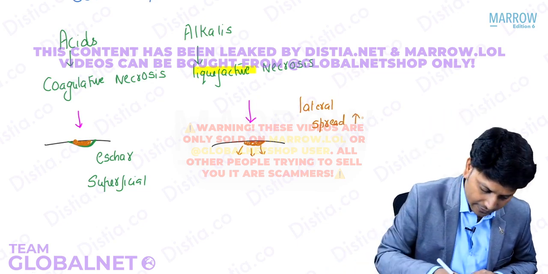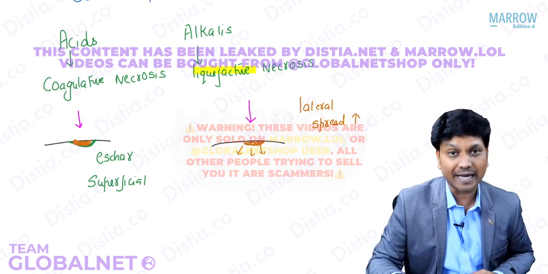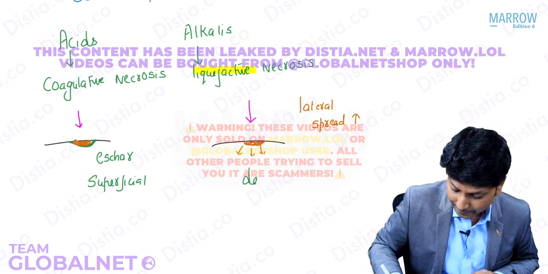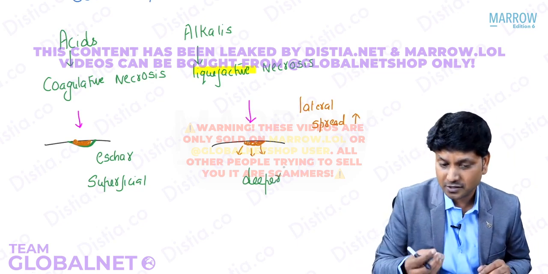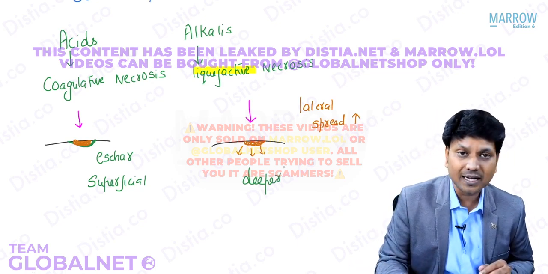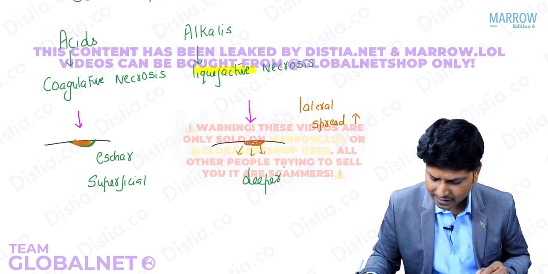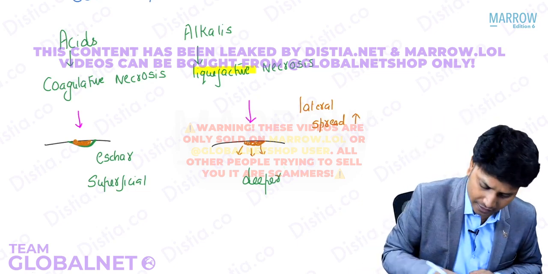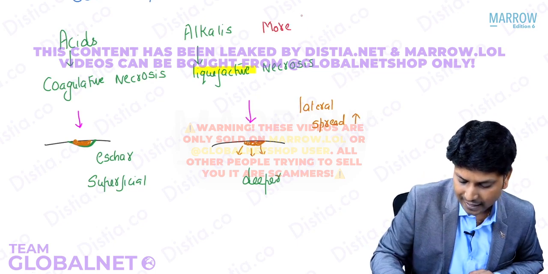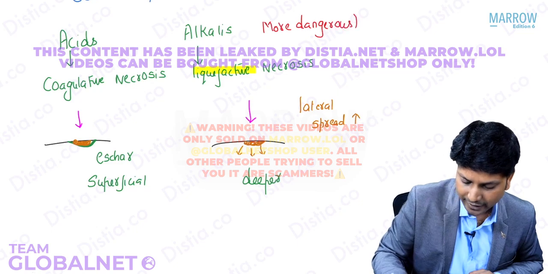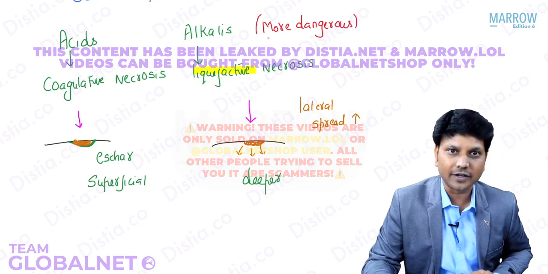That is the reason why the damage produced by the alkali will be deeper. Acids produce superficial injury because of the formation of eschar, whereas alkali produces deeper damage. That is why, in general, alkalis are more dangerous than acids, because they produce liquefactive necrosis.